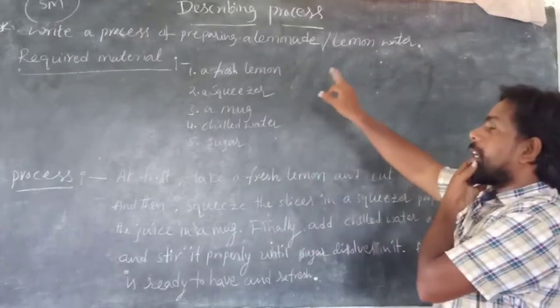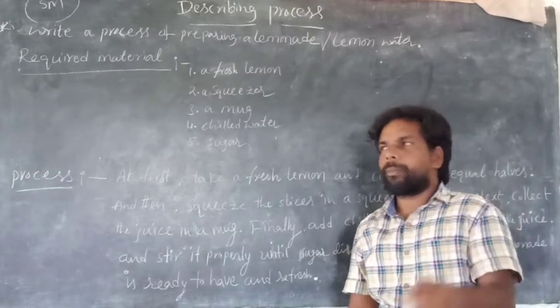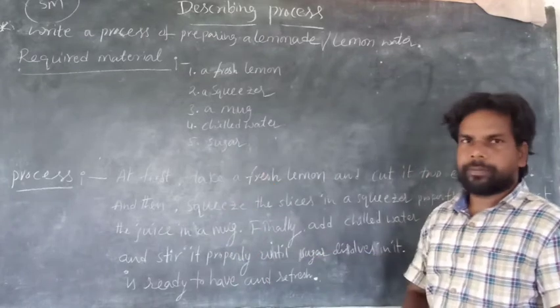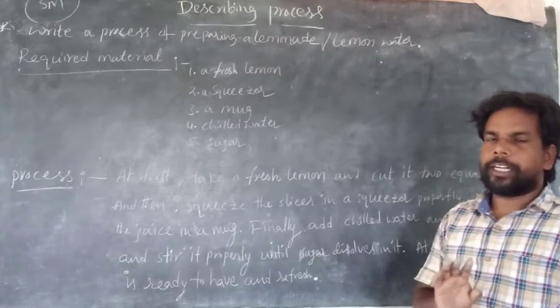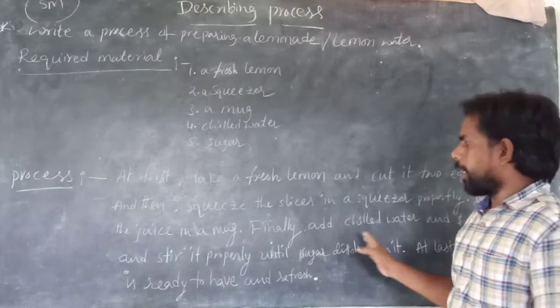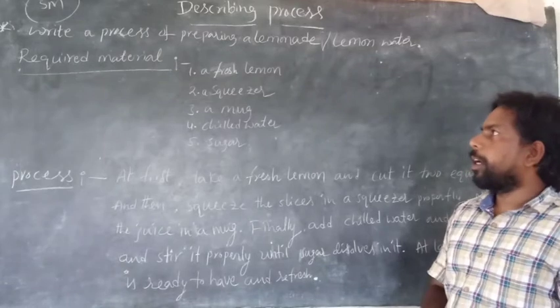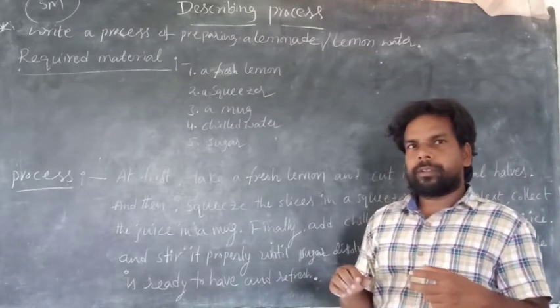So in describing process, we have to write two side headings. In your material or textbook, it is given only in a sentence-wise format, but you don't write sentence-wise. You have to write paragraph-wise.